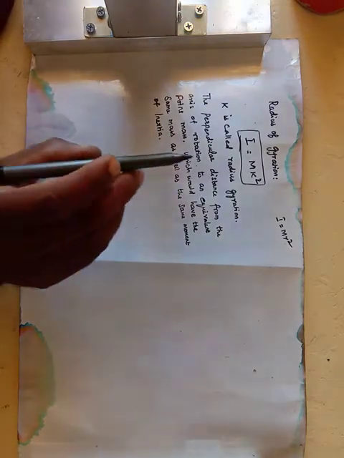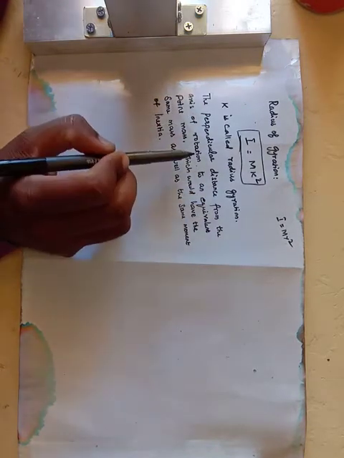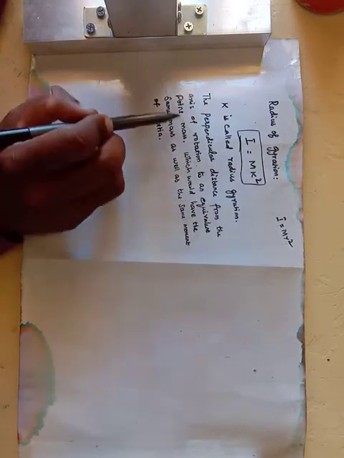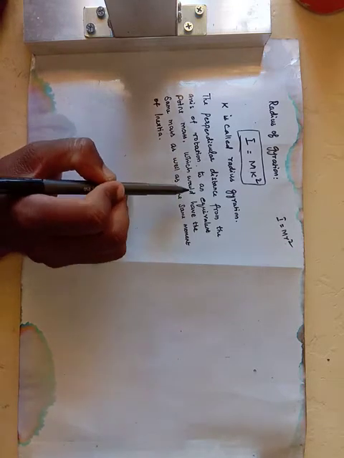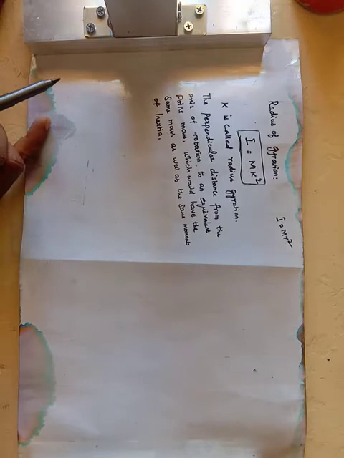Okay, students, the radius of gyration is defined as the perpendicular distance from the axis of rotation to an equivalent point mass, which would have the same mass as well as the same moment of inertia.